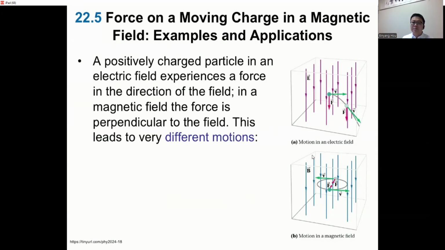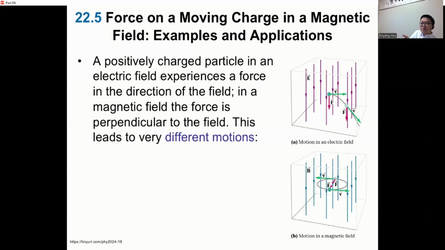Now, in the magnetic field, if the particle is perpendicular to the magnetic field, we can determine the direction of the magnetic force F. Your thumb is going in the direction of the V, and your four fingers point in the direction of the B field.